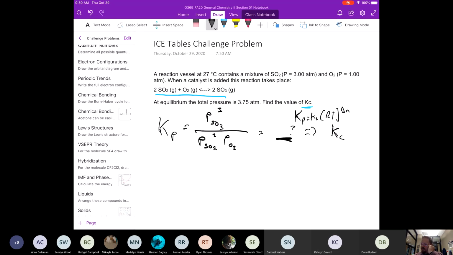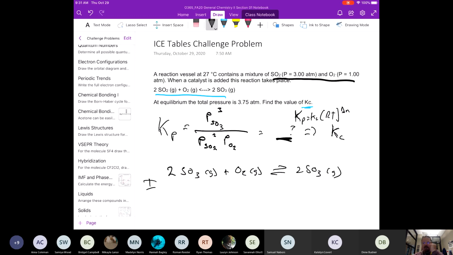Well, if we look at this, the information that we have is about the start of this reaction. So I'm going to write down the reaction again. It's an equilibrium with 2 SO3 as a gas.